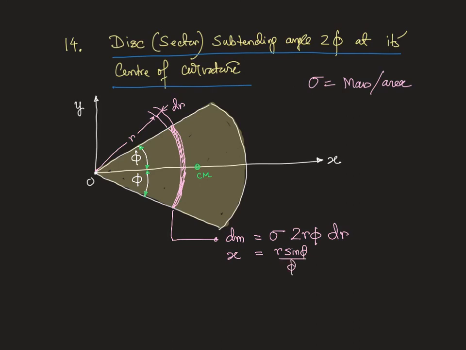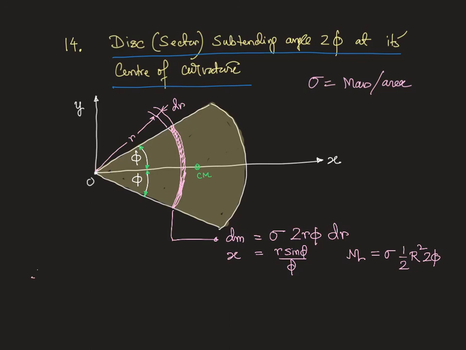Now, what is the total mass of this disc? Total mass of the disc is sigma into half r square multiplied by the angle subtended, which is 2 phi.